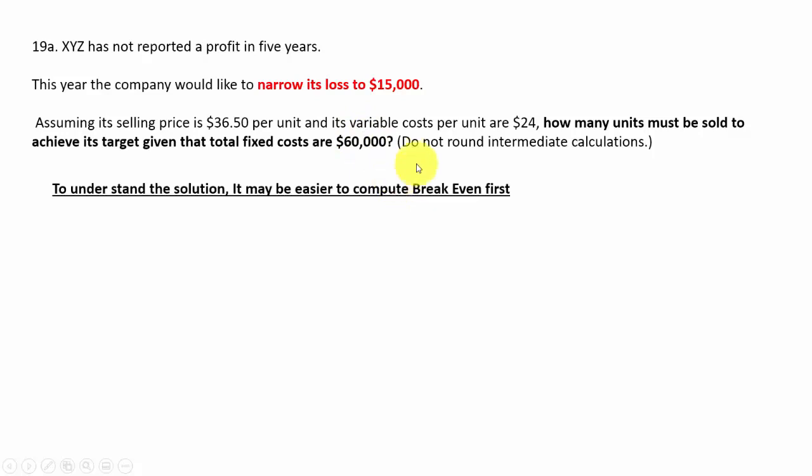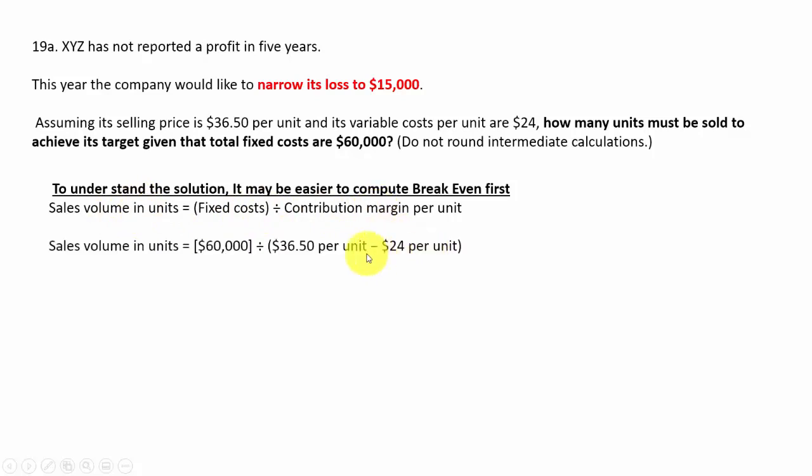Well, this little formula is going to be the same no matter what your target is, but to understand this problem a little better, we're going to start with, let's say, instead of having a loss of $15,000, let's see if we could break even. To find out how many units you'd have to sell to break even, you take fixed costs and divide by contribution margin.